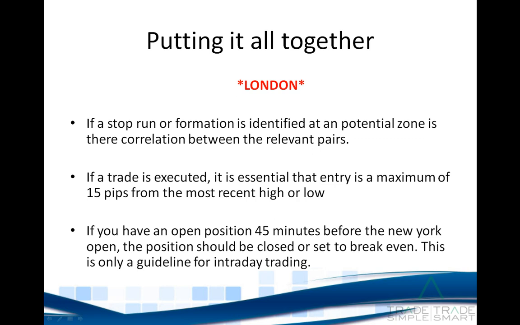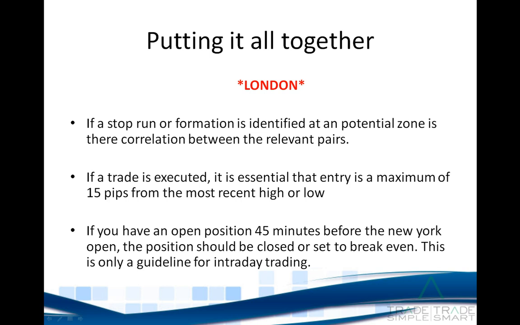And on the execution of a trade, you have to remember that it is essential that entry is a maximum of 15 pips from the most recent high or low. The reason we do this is because of typically the M and W formation, where the variations will often take out the first leg of the structure, and if you place your stop just above the first leg, you would generally get stopped out.